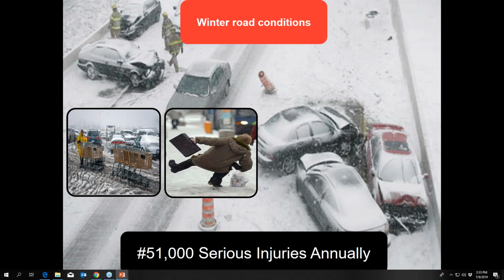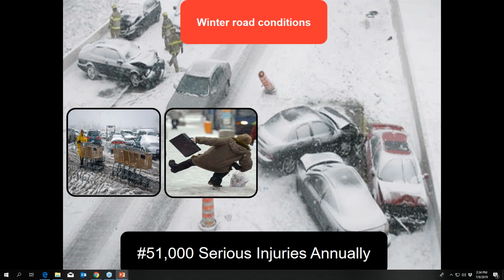So for winter road maintenance, first of all, why is it important? Just to give an idea of how much our transportation is affected by the winter, in Canada we see about 50,000 serious injuries from winter-related issues during the winter months, from November to March or April.